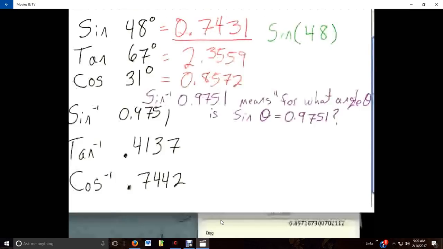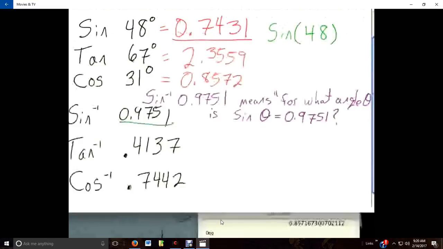What about this other stuff, this sine with the -1? We say that as the inverse sine, and what that means is the angle that would give us this outcome, if we took sine of that angle, this is the number that would come back.